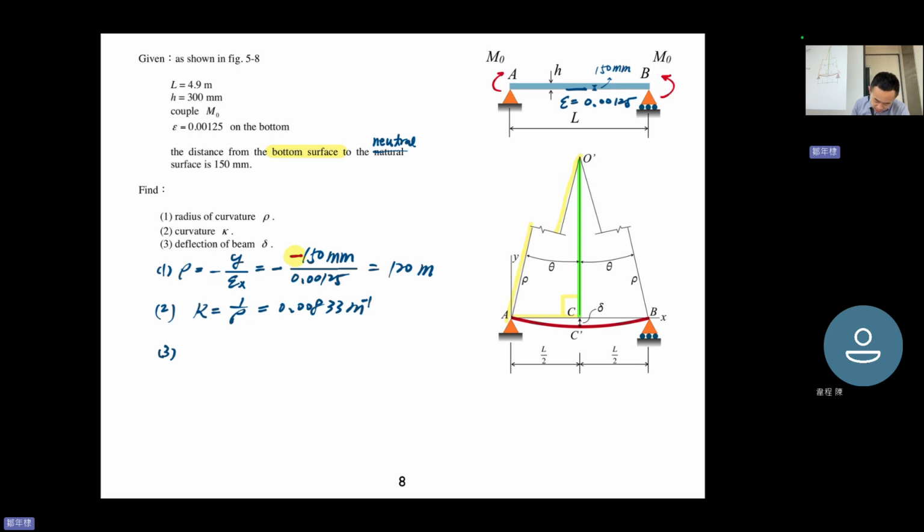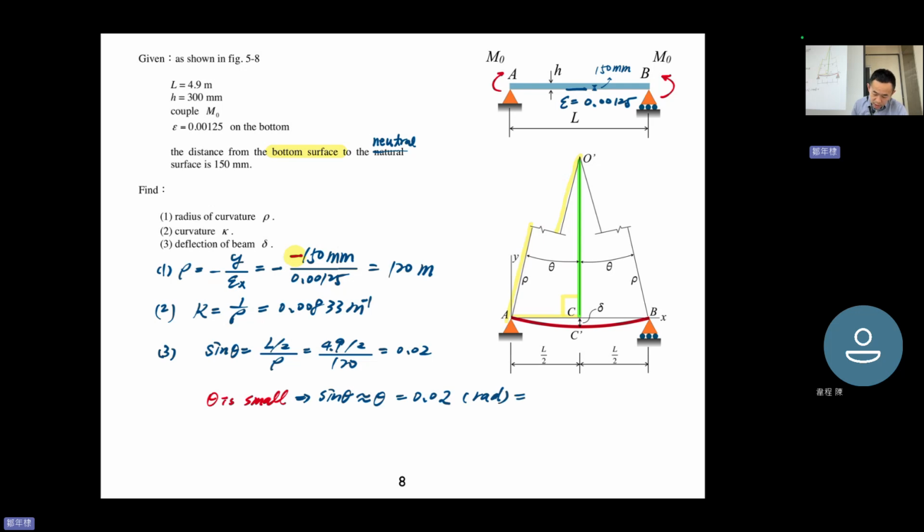So we can say sine theta equal to L divided by 2 and divide by rho. Okay, so you will have 4.9 divided by 2 and then 120, 0.02. So again, theta is small. So our sine theta will approximately equal to theta, which is equal to 0.02 radians.